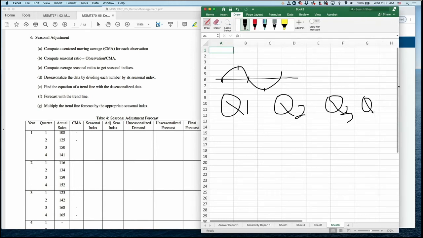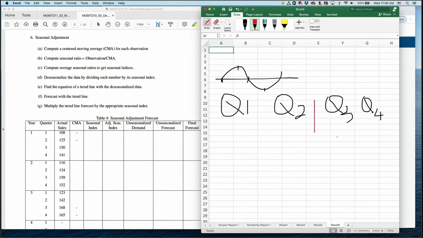The center is actually here, right? But for this center, we do not have an index. So that's why we shift one more place. Actually, we use the center for Q3.